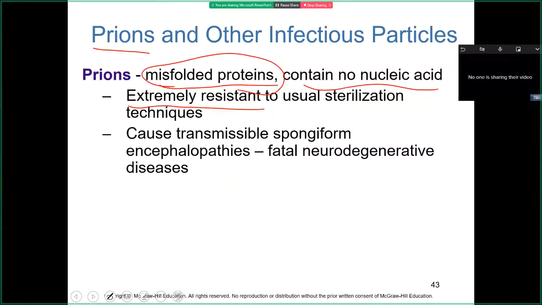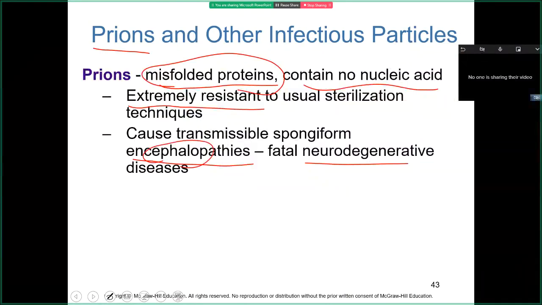And so the parts of the body that they target, for now, it seems to be the brain. So it leads to neurodegeneration. So the brain and central nervous system. So the spinal cord, the brain, those are the parts that they affect. And so diseases that involve the brain and the central nervous system are called encephalopathies, right? The encephalo refers to the head.